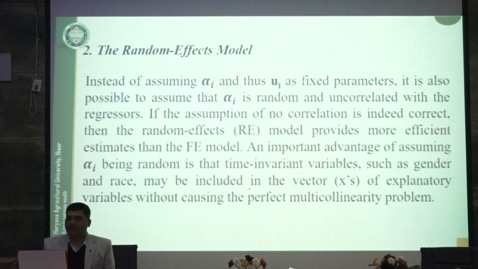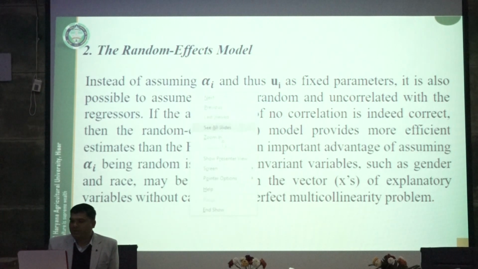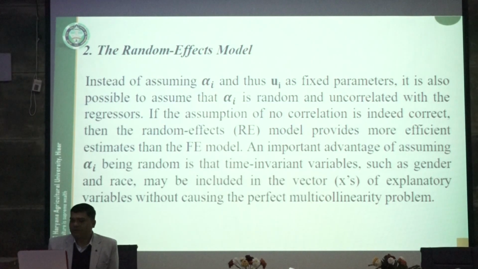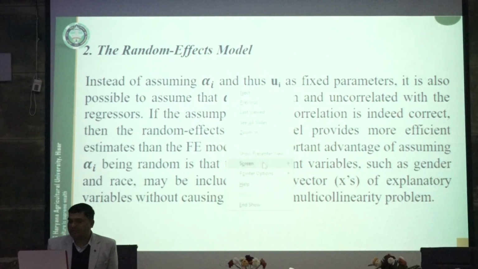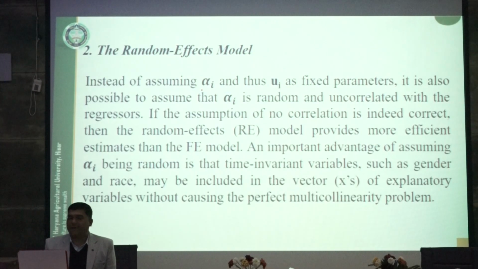So next is the random effect model. So in the random effect model, instead of assuming alpha i and ui as fixed parameters, it is also possible to assume that alpha is random and uncorrelated with the regressor.